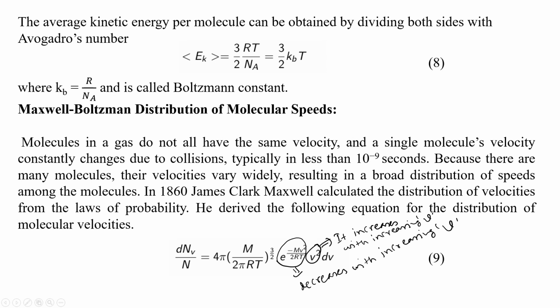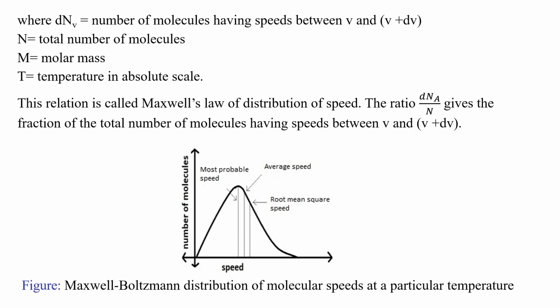So this expression contains one term which is a decreasing function of v and another term which is an increasing function of v. If we plot only the number of molecules versus v squared, we get an increasing function of v.